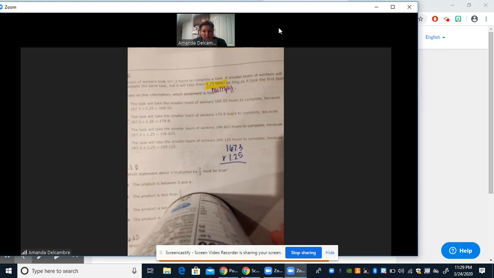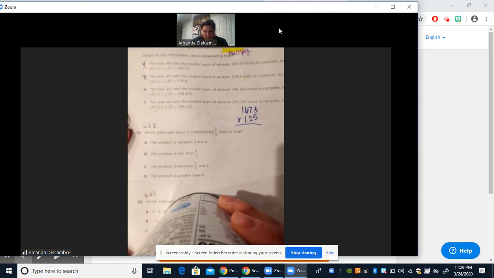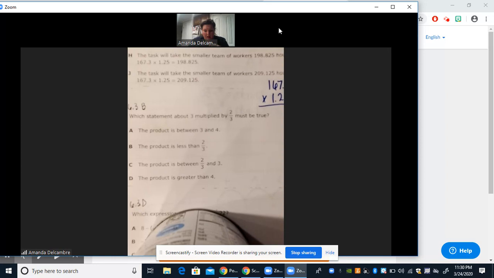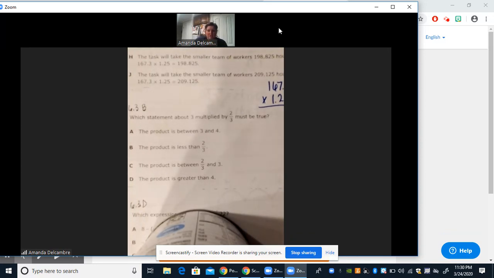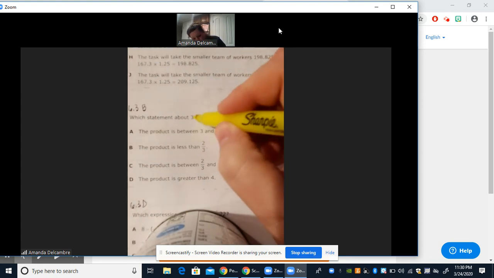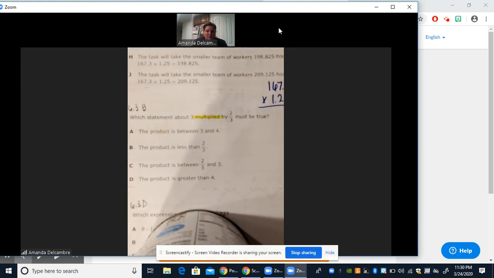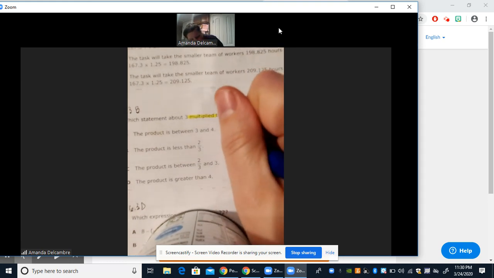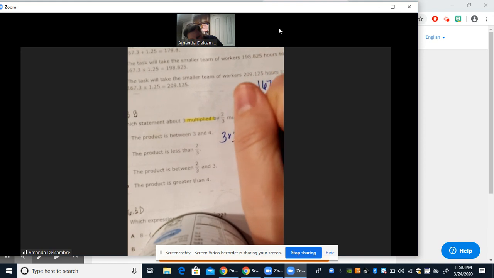Okay, last one that I'm going to work on for tonight is number 19, and it says, which statement about 3 multiplied by 2/3 must be true? Multiplied. It even tells me what I'm doing here. 3 multiplied by 2/3. So why don't we solve that real quick? So 3 times 2/3.